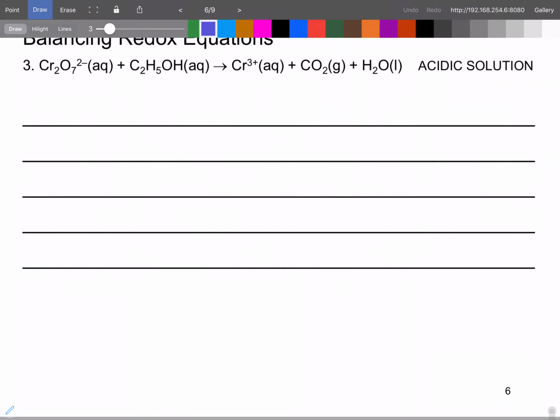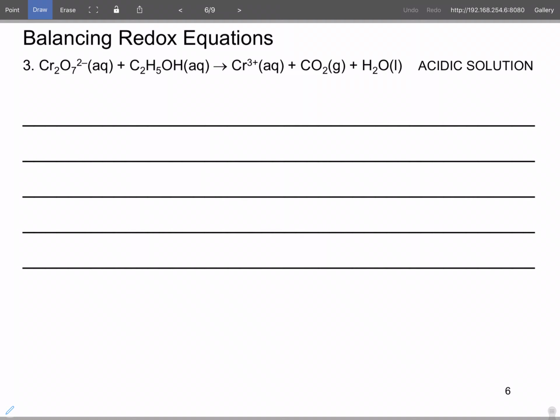So on this one, we're going to be dealing with chromium and carbon. Okay, this one may be a bear. Cr2O7, so this is dichromate, and again, you're not responsible for naming it, goes to chromium. Then you have C2H5OH, goes to CO2.